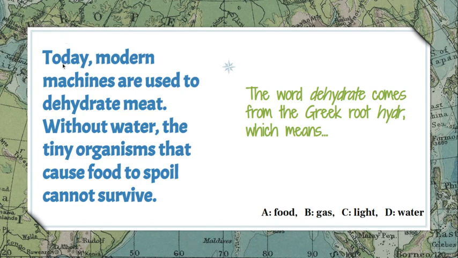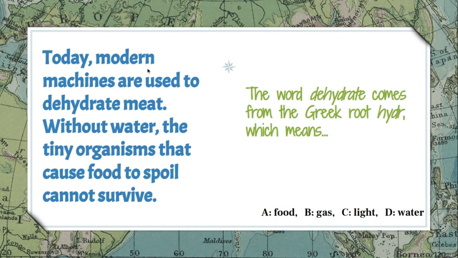The text says, today, modern machines are used to dehydrate meat. Without water, the tiny organisms that cause food to spoil cannot survive. The word dehydrate comes from the Greek root hydra, Hydr, which means what?